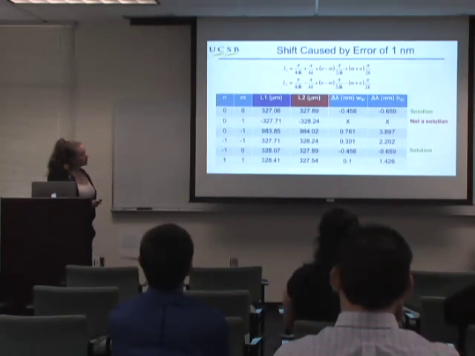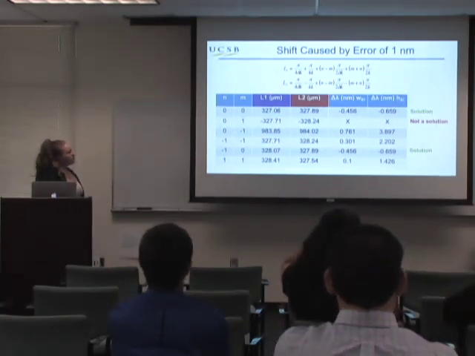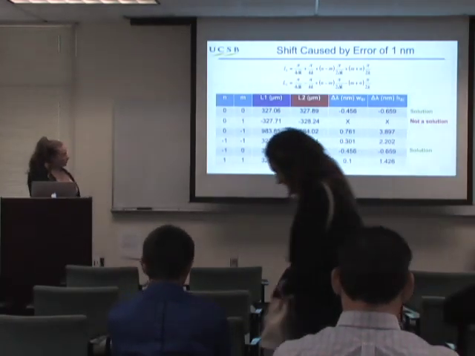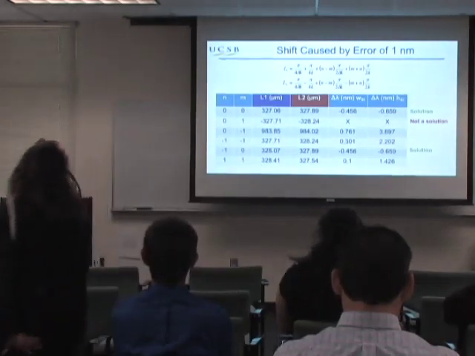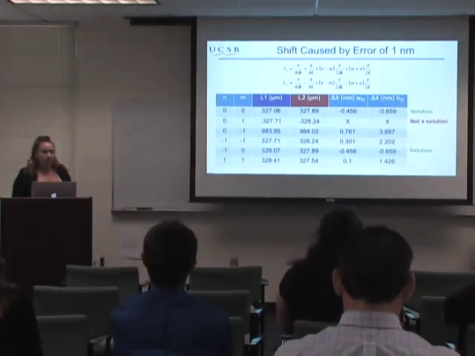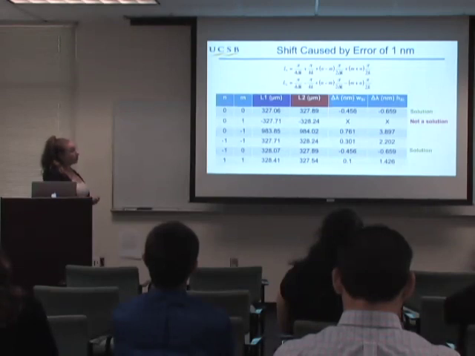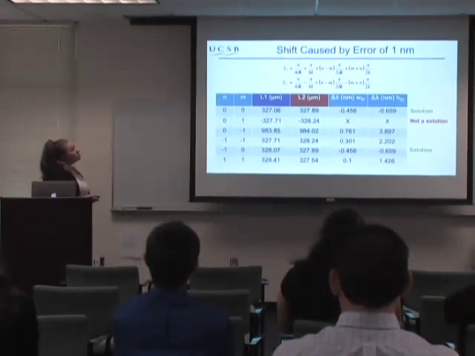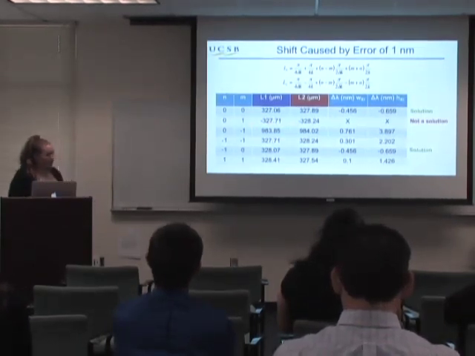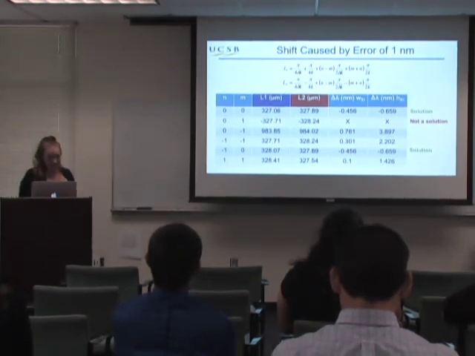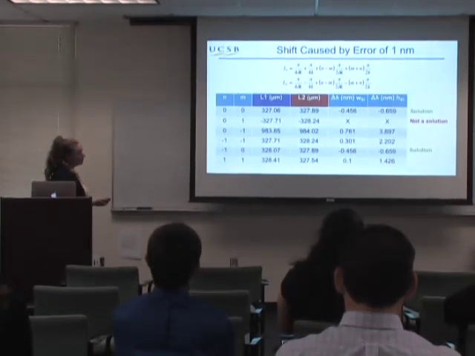With these same equations, we intentionally cause a shift error of 1 nanometer to see what the lengths of L1 and L2 should be along with these spectral shifts. So first, we find that when N is 0 and M equals 1, we have negative L1 and L2, which cannot exist. So this is not a solution.